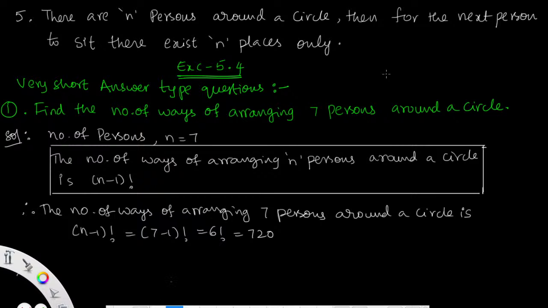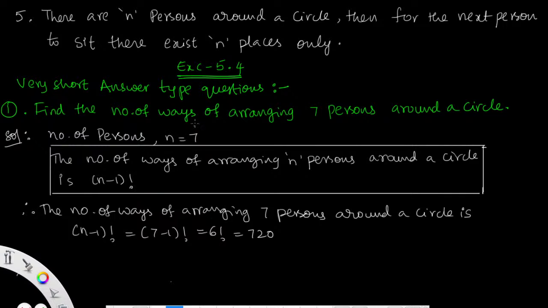On the basis of this, we go to exercise 5.4, very short answer type questions. The first question: find the number of ways of arranging 7 persons around a circle. The number of ways of arranging n persons around a circle is (n minus 1) factorial.